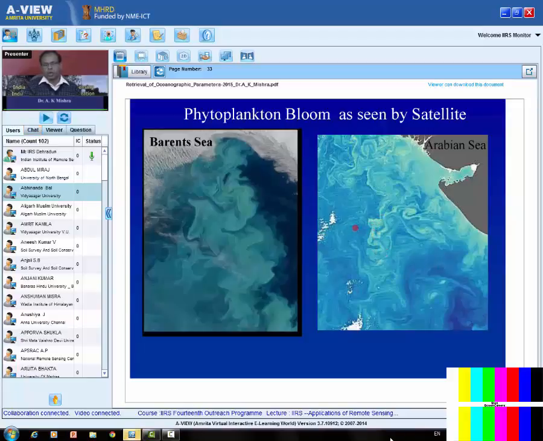Nicely, which is not normally visible in normal ocean imageries, you can find all these fine scale features after doing atmospheric correction and applying the chlorophyll retrieval algorithms, etc.